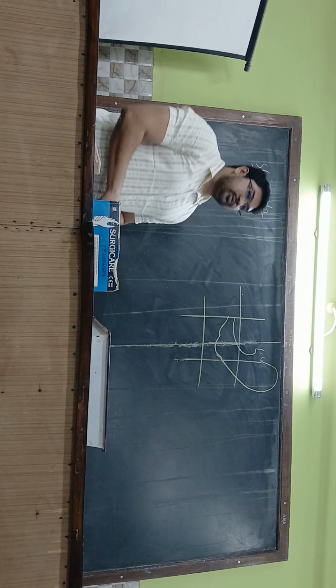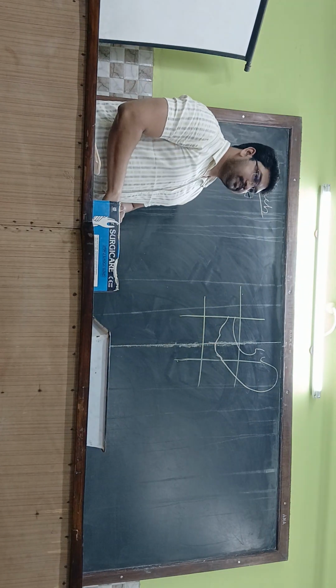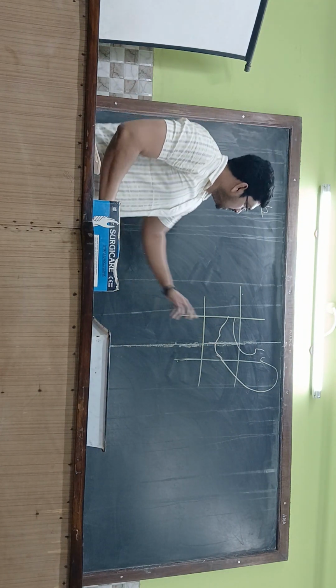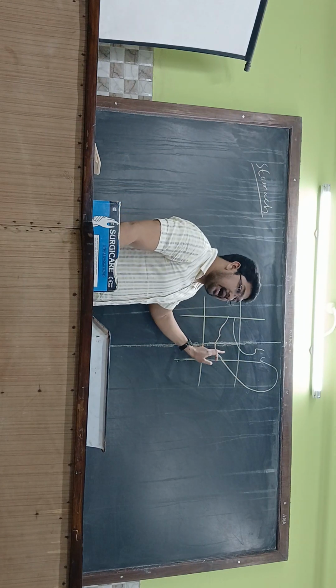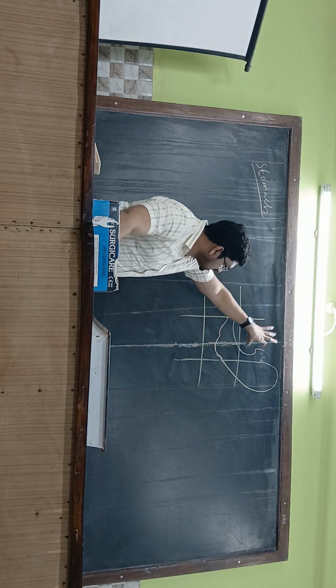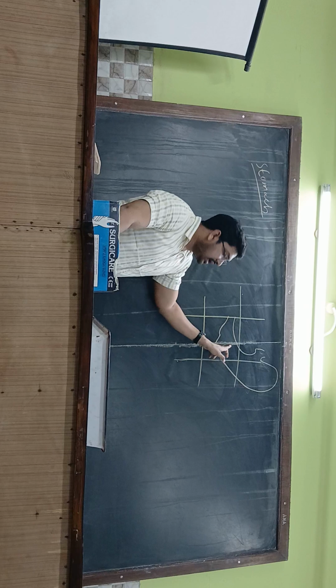Where is the stomach situated, in which regions of the abdomen? Epigastric, left hypochondriac, and umbilical regions.